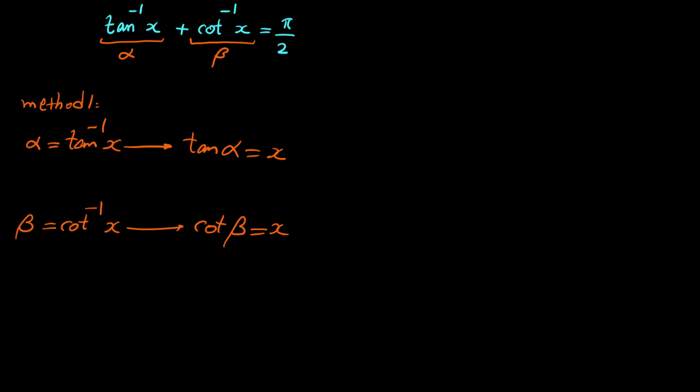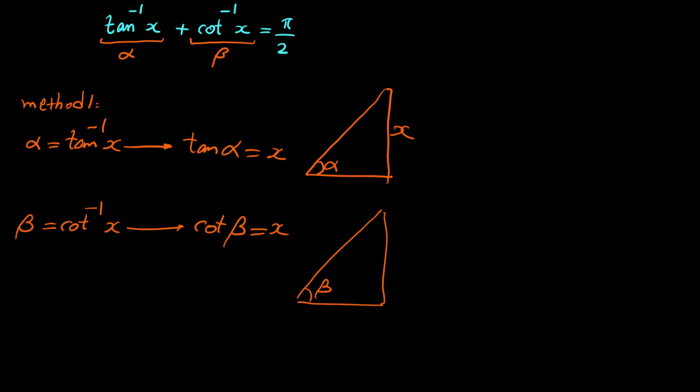Now for angle alpha and angle beta, let's draw right triangles. Suppose this is angle alpha and this is another triangle for angle beta. Tangent of alpha is x, and we know that the tangent of an angle is opposite over adjacent. So in this triangle, the opposite side to alpha is x and the adjacent is 1.